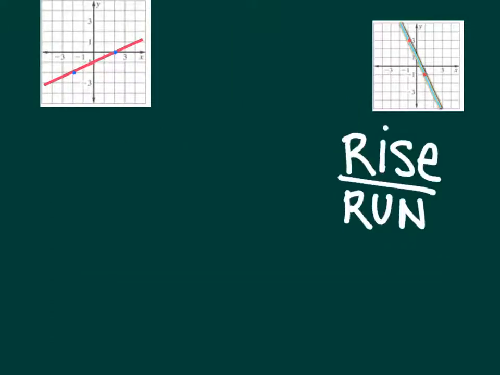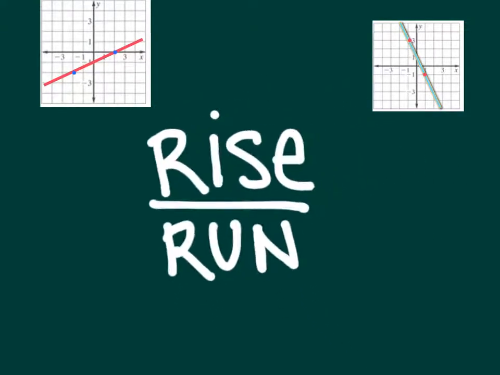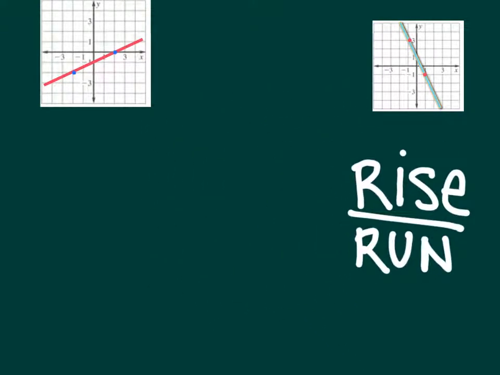In these examples, we're going to see how to find slope when you're using a graph. You could, if you wanted to, make the two ordered pairs and then use the y2 minus y1 formula. But instead, I'm going to use the rise over run formula, which is actually the same as delta y over delta x, because delta means change in. So you'd just be finding the change in y over the change in x.